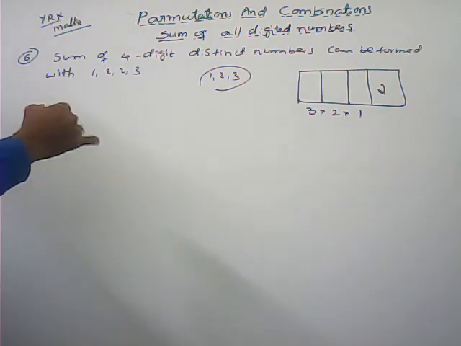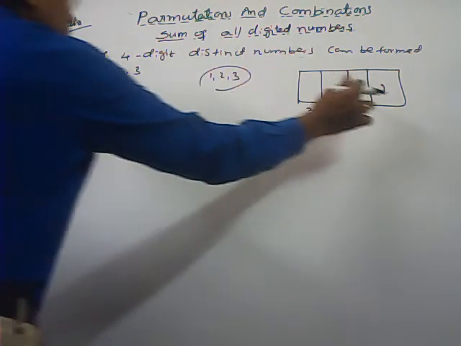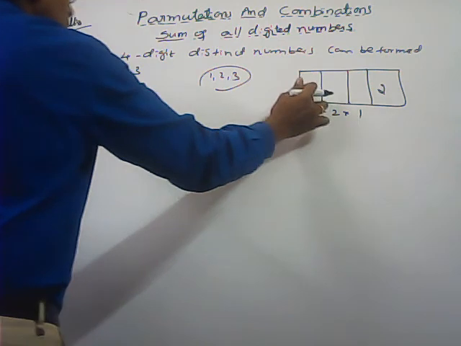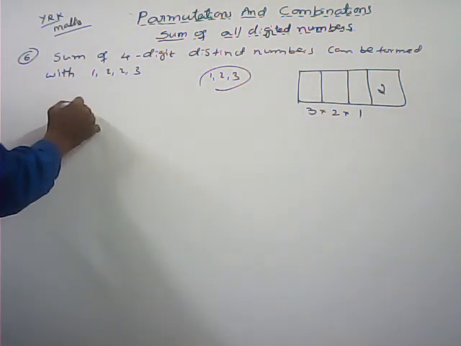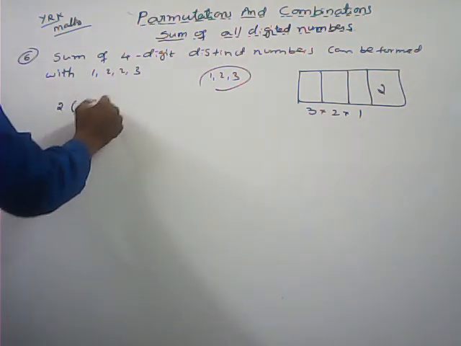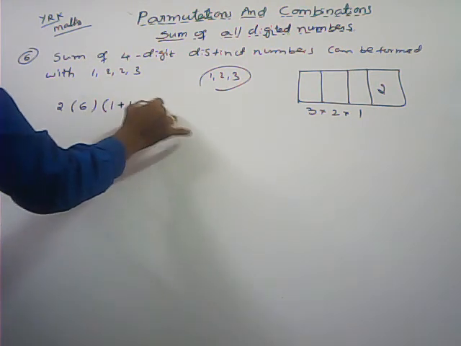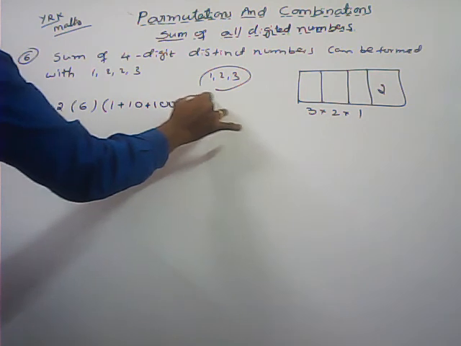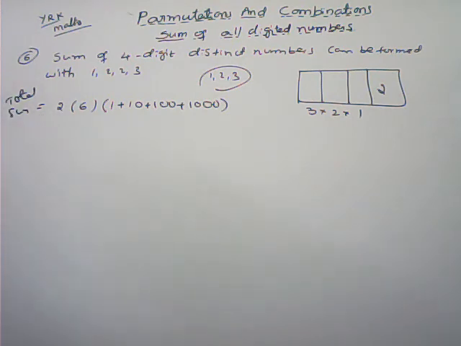Now whatever be the position of the 2, in the units place or tens place or hundreds or thousands, 2 into 2 is repeating how many times? 6 times, whatever be the position. The total sum is equal to the total sum of all the numbers.